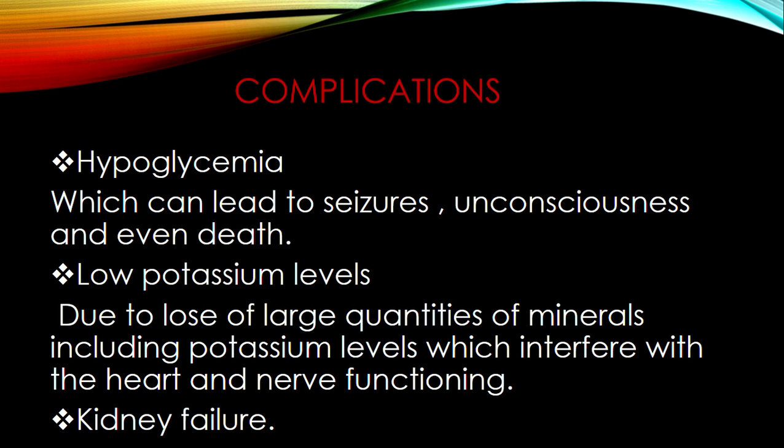With all these electrolytes being lost, this person is at high risk of reduced amounts of these electrolytes, including potassium. And if the person loses a lot of these electrolytes, the functioning of the heart and the nerves is going to be disturbed as well.